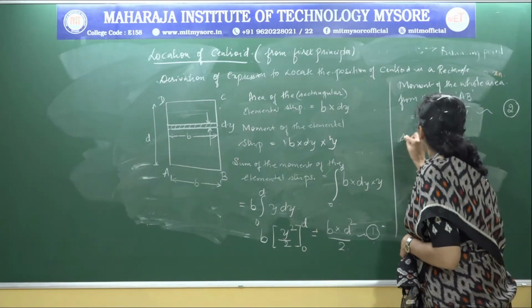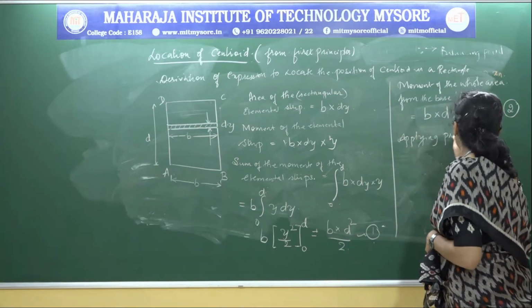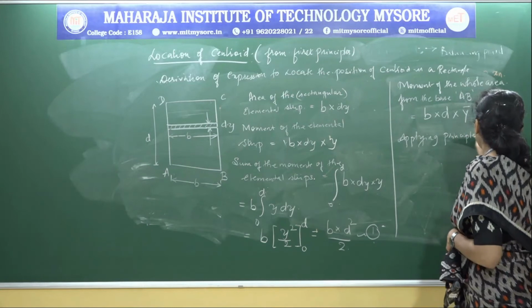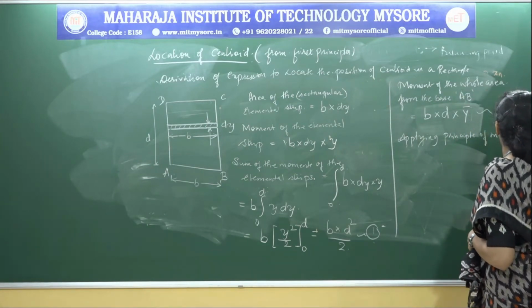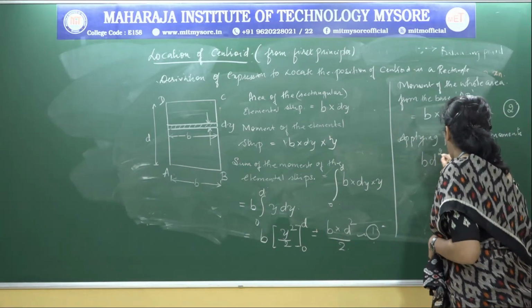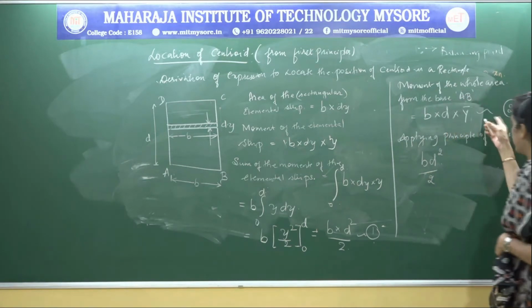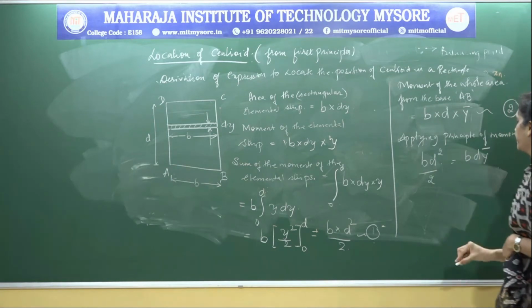Now applying principle of moments, this is the first expression, B D square by 2. Here is the second expression, B D into y bar.